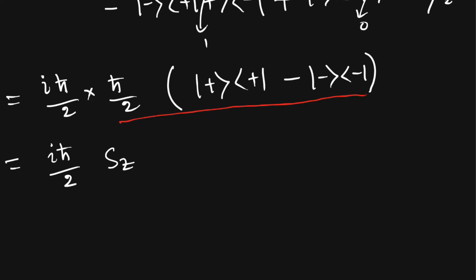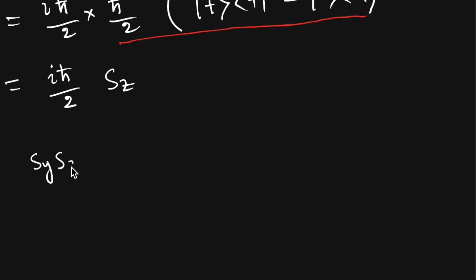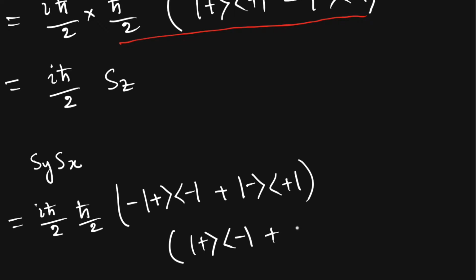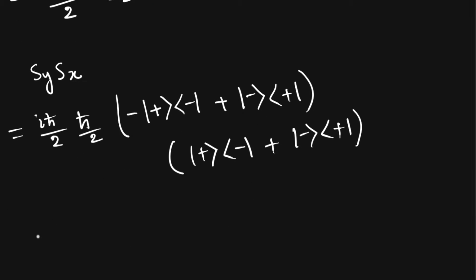Now let us calculate what is the value of Sy Sx. Sy Sx is iħ/2 into ħ/2 times minus |+⟩⟨-| plus |-⟩⟨+|. Now Sx, |-⟩⟨+| minus |+⟩⟨-|. This times this will give 0, since minus plus from the orthonormality we know that this will give 0.